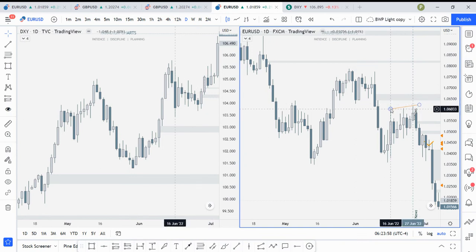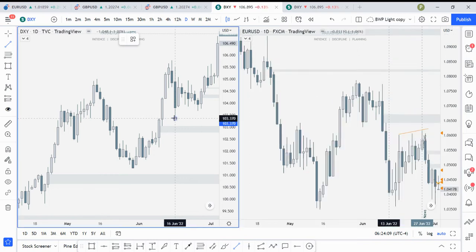Here, Euro USD is making a higher high, but DXY is unwilling to make a lower low. You can see, look at this line, look at that crossbar, this vertical line that is showing here, and this vertical line.